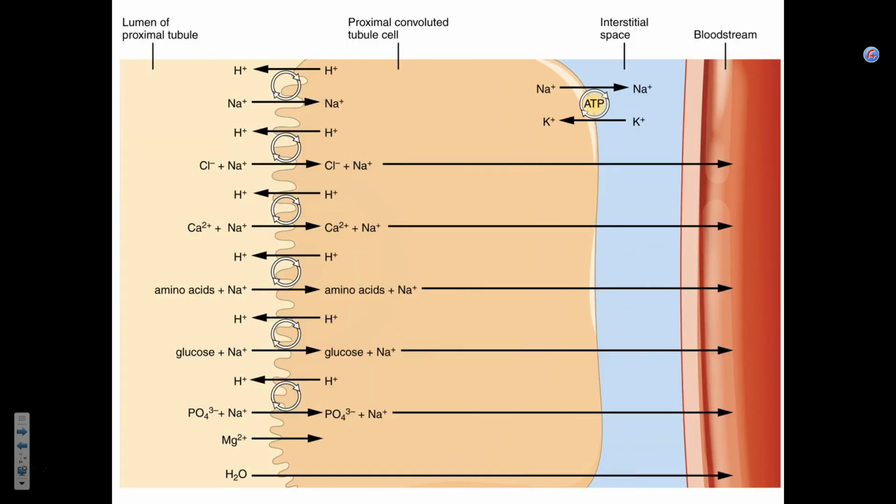Now before we discuss this wonderful graph, I want to ask if anyone remembers what secondary active transport is. I'll remind you. Take a look at the apical side of the peritubular epithelium.